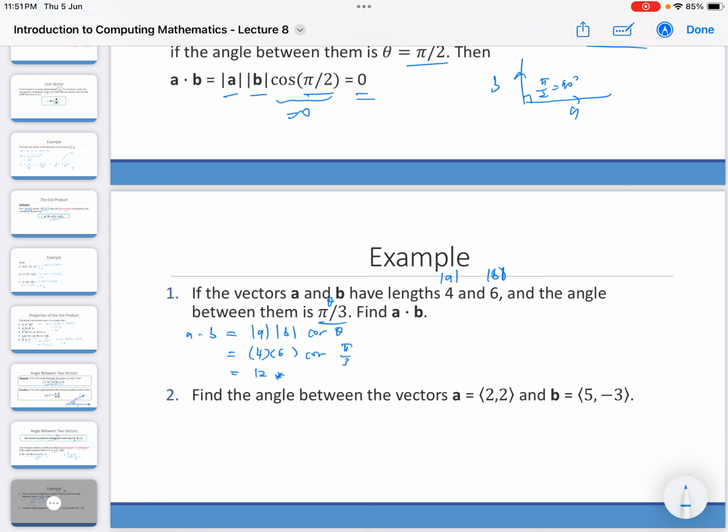Find the angle between the vectors A, which is (2, 2), and vector B, which is (5, -3). So we want to find the angle.